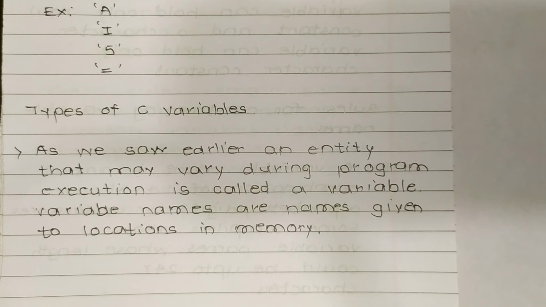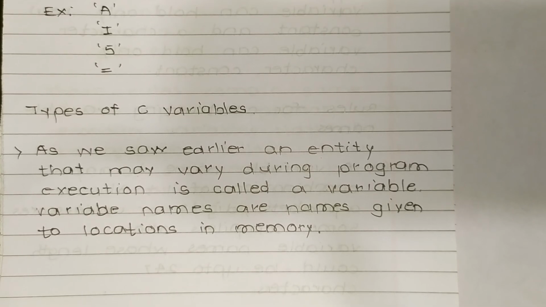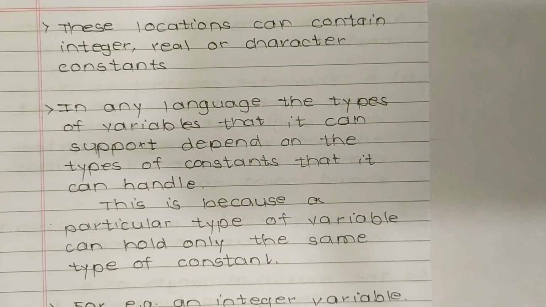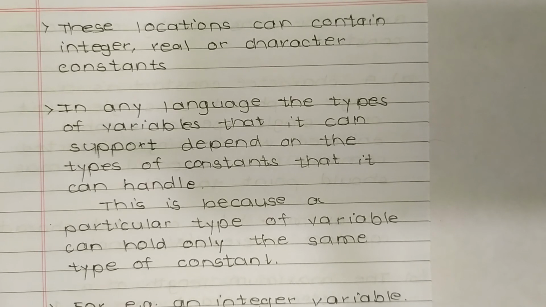When variable names are given, they are stored in locations in memory. These locations can contain integer, real, or character constants.